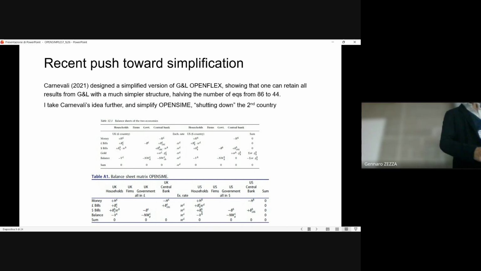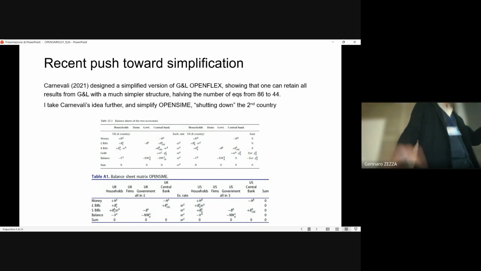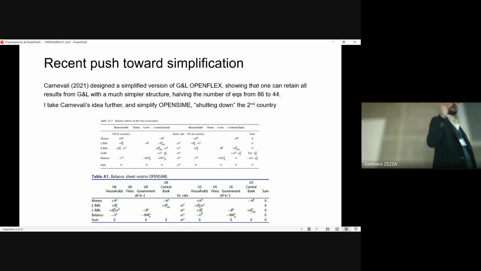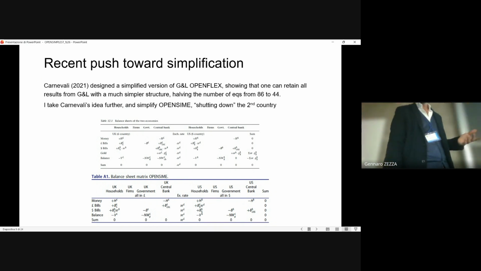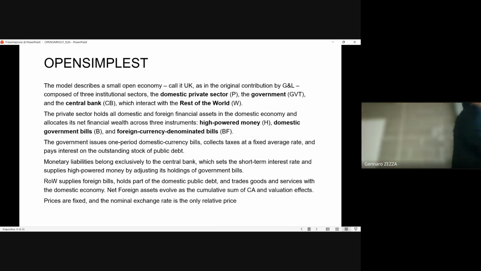And so my plan was to do the same. How to do it? By shutting down the second country and modeling it as an aggregate rest of the world, which is actually what Sebastian and Gennaro have done in three-country models, where you have area 1, area 2, and the rest of the world, which is aggregated. And this has a number of advantages.